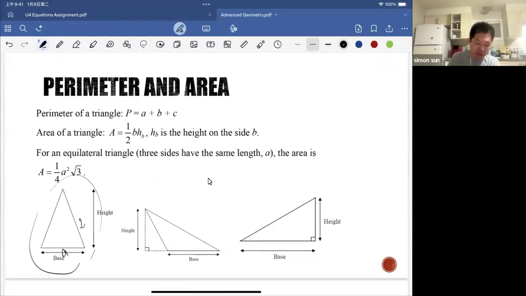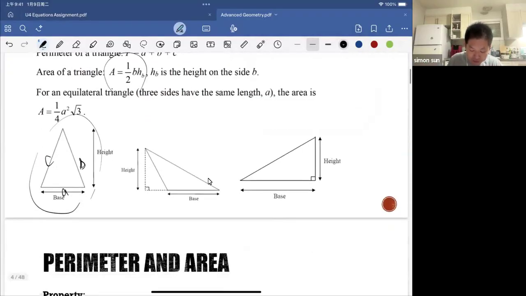Let's mark A, B, C here. To calculate the perimeter, you just do the sum of all the three sides. And if you want to calculate the area of a triangle, we use 1/2 times the base times the height. That's the formula, right? That's too simple.